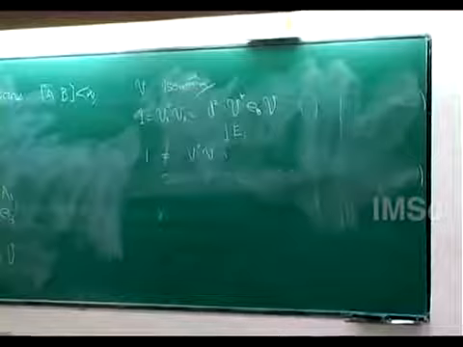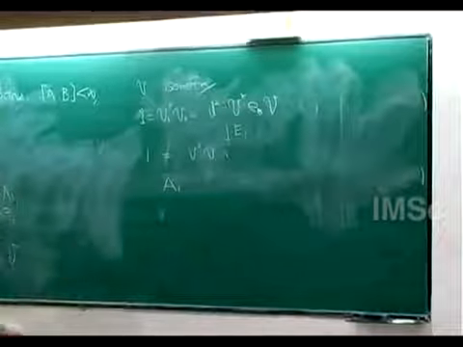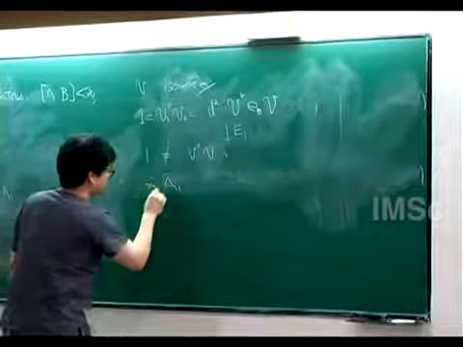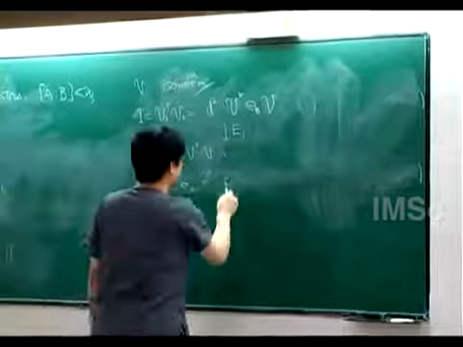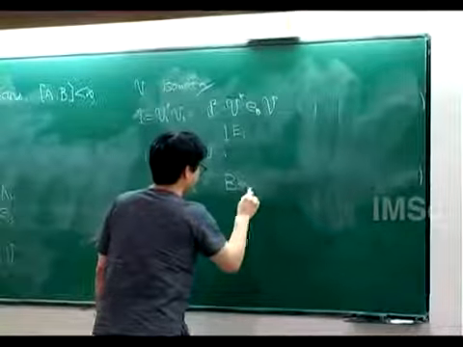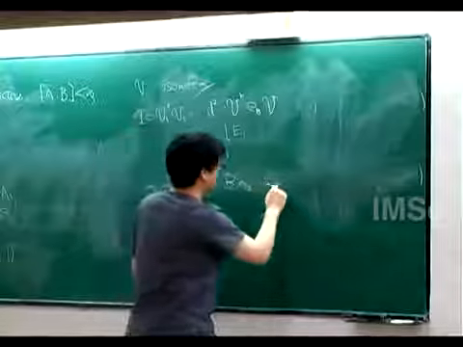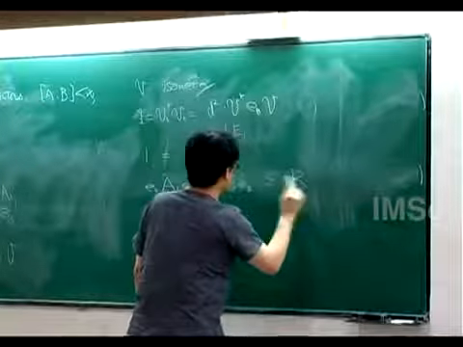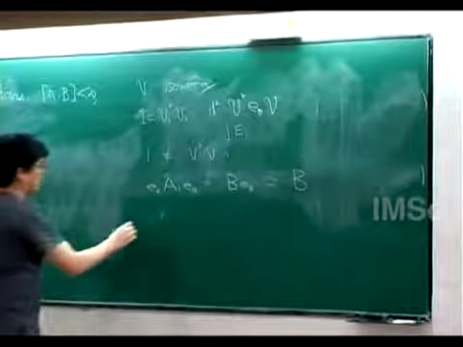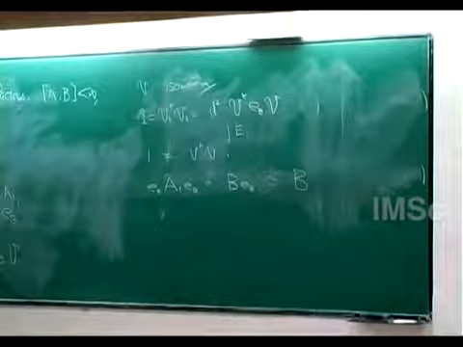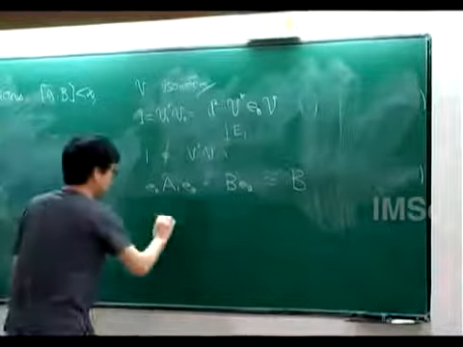And for that, remember this fact. If you cut A1 by the Jones projection, then this is the same as B cut by the Jones projection. And as an algebra, this is isomorphic to B. So this means that, since the left support of V0 is the Jones projection, we have this.